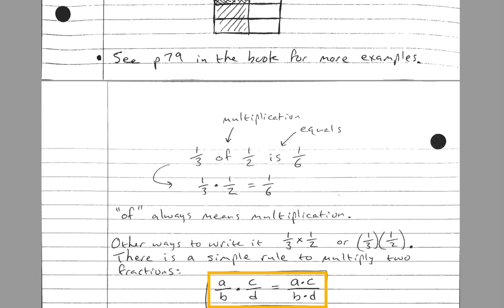So what we're doing here is really multiplication. This word of here, taking a part of a part, that's interpreted as multiplication.